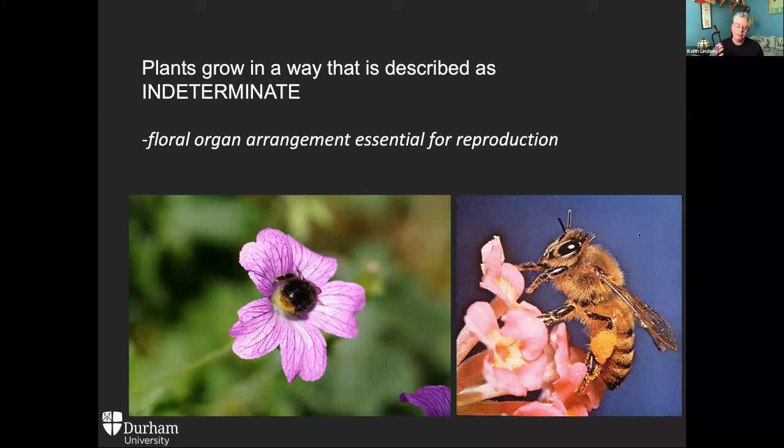You need those structures exposed in order to attract pollen if you're a stigma surface. So there are some aspects of plant development that are quite variable, and others that are not so variable, like flower development.